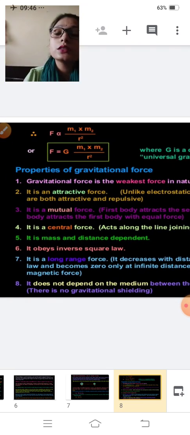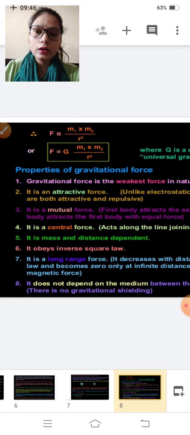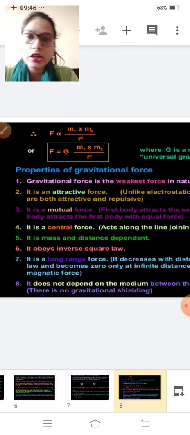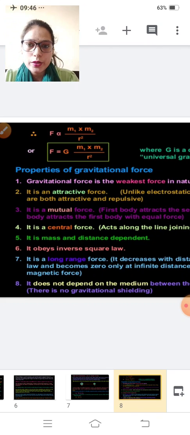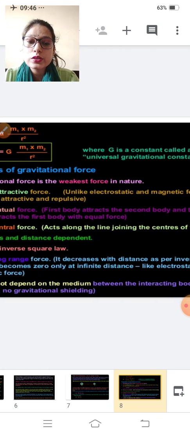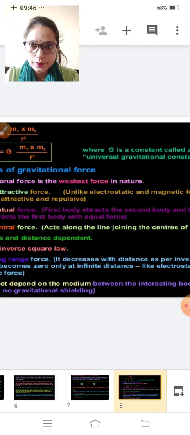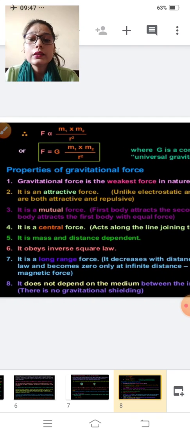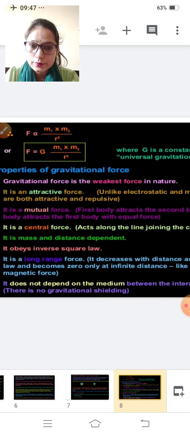Now properties of gravitational force. First property is gravitational force is the weakest force in nature. Clear? What is the nature of gravitational force? It is the weakest force. Now it is an attractive force.